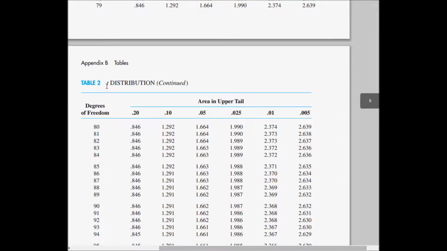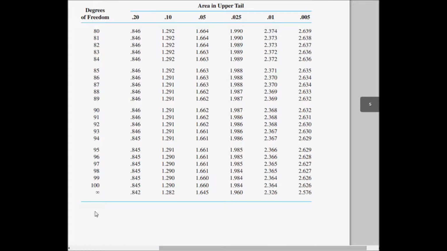So we have the t-table up here. We're in row infinity and column point 1. So the upper tail has a probability of 0.1. The lower tail has a probability of 0.1, and we're in the infinity row. So we get a z-value of 1.282.